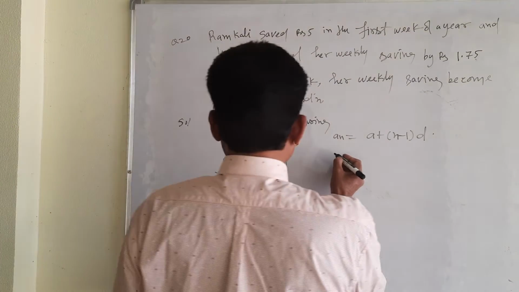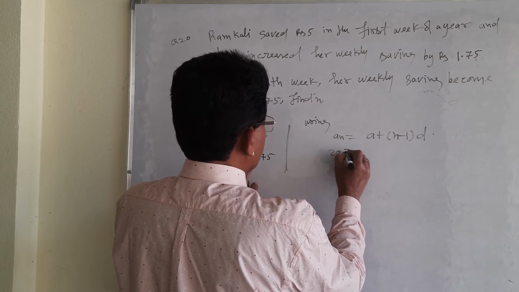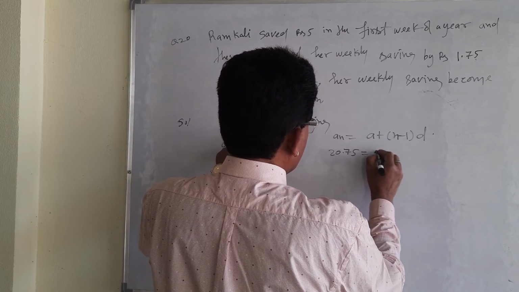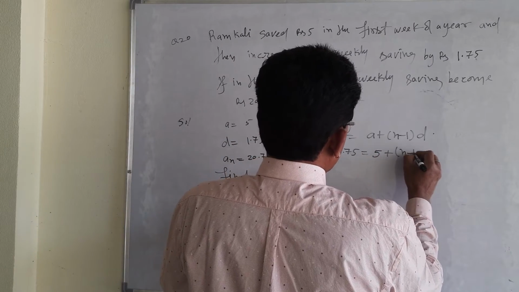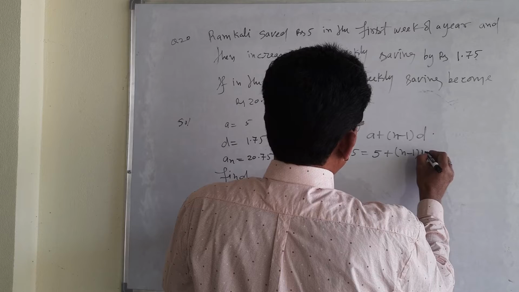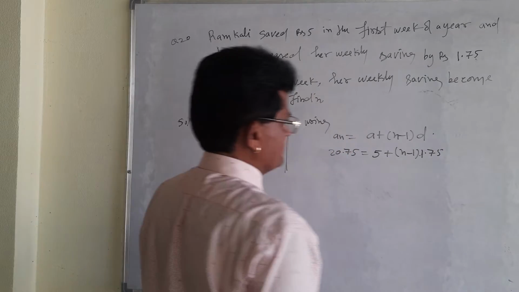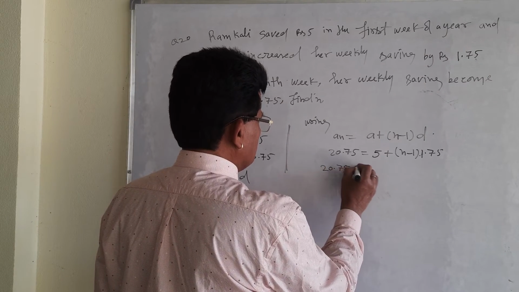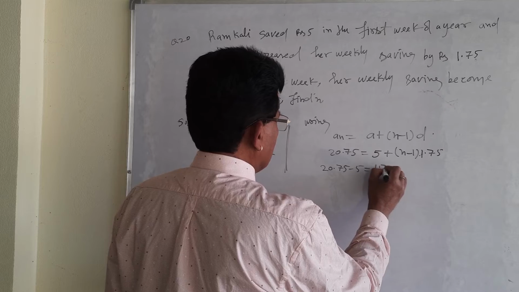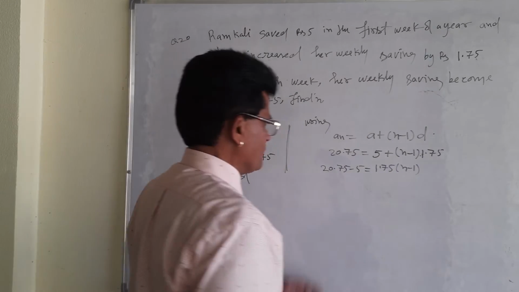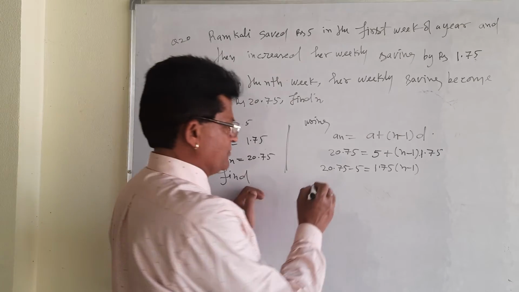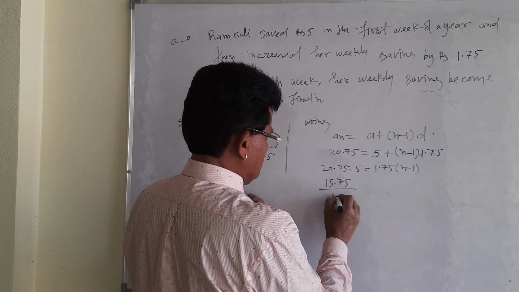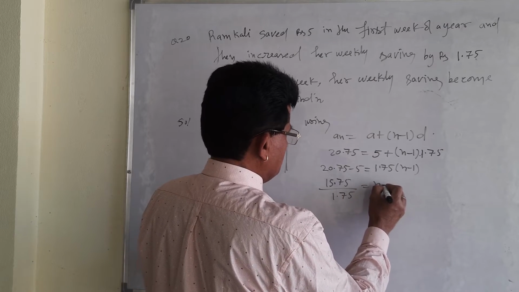Then what does it mean? 20.75 will be equal to first term 5 plus n minus 1 into 1.75. 5 you take from right side to left side, 20.75 minus 5, and it will be 1.75 into n minus 1. 20.75 minus 5, that is 15.75, divided by 1.75, and it will be n minus 1.